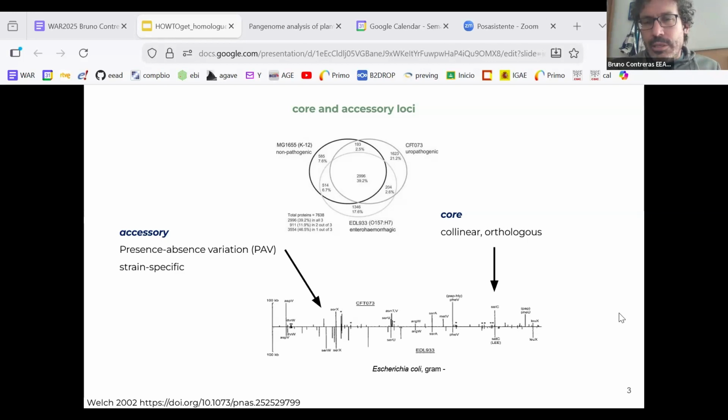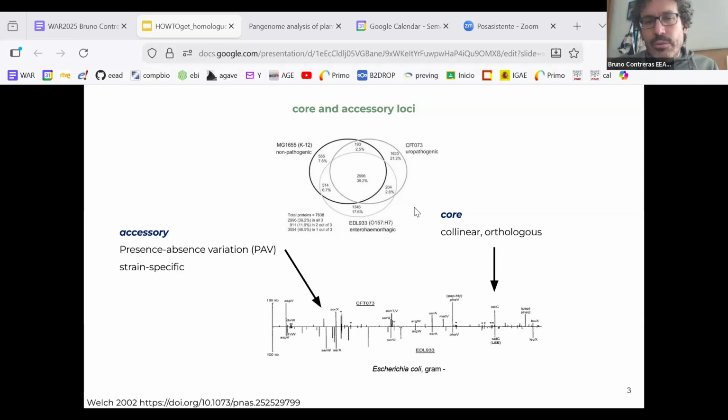When you see here the core collinear orthologous genes, these are genes in this example here, like cell C. You see the gene takes exactly the same place in the genome on top and the genome on bottom. Okay, so these are collinear. They conserve the position, and they are present in both genomes.